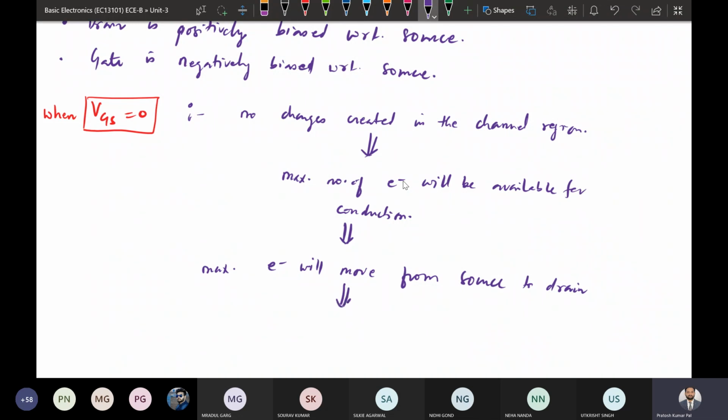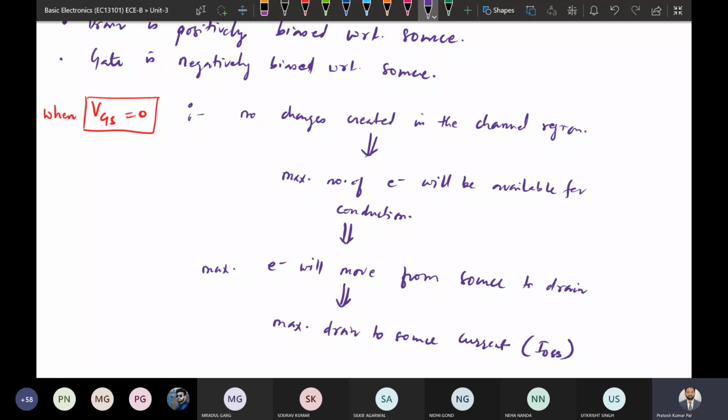If the maximum number of electrons is moving from source to drain, it will constitute the maximum current. So the maximum drain to source current will be constituted, and this maximum drain to source current is called IDSS.